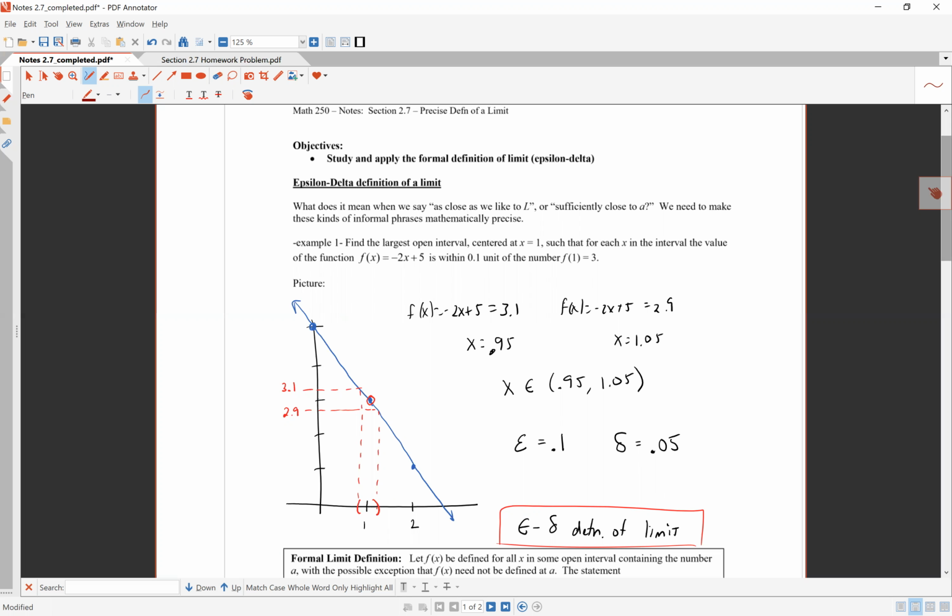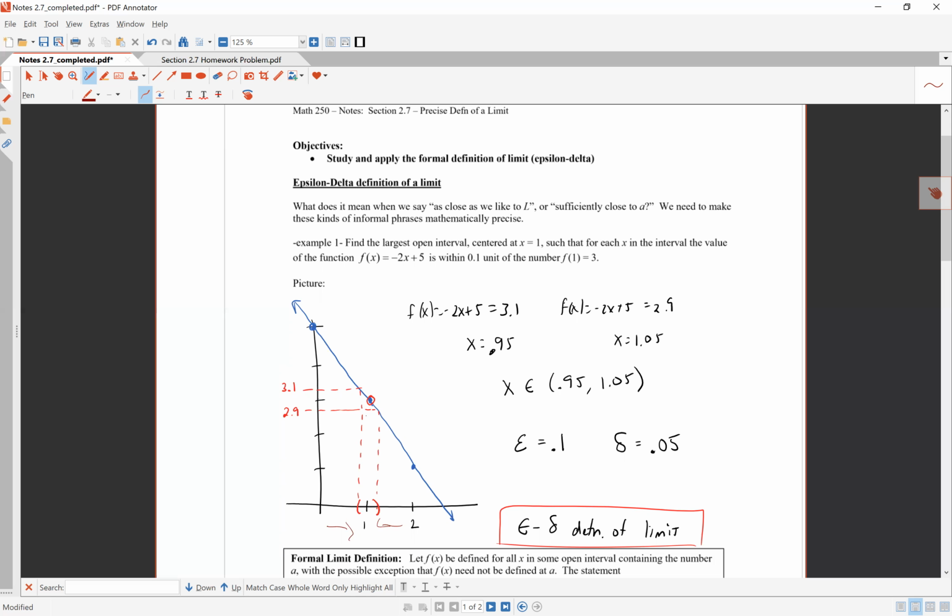What the limit says is that if we get close to 1 on the x-axis from either direction, we get very close to f of x equals 3. A little bit to the left of 1, maybe the function's about 3.1, and a little bit to the right of 1, the function's 2.9. So we can get within 0.1 of 3 if we get close enough to 1.